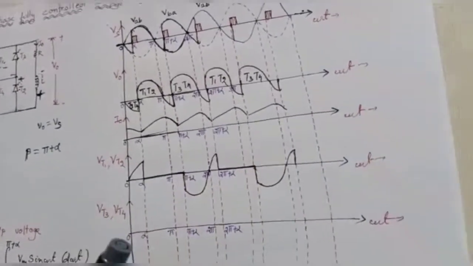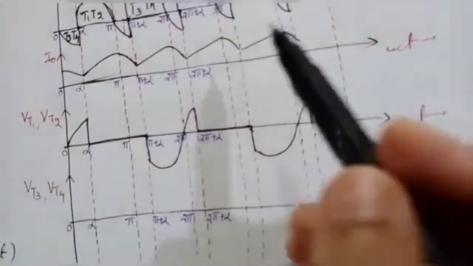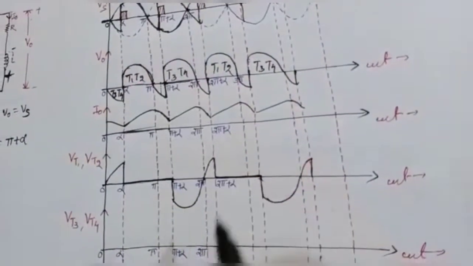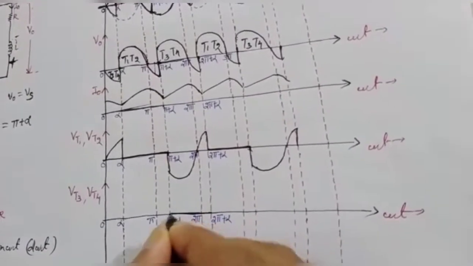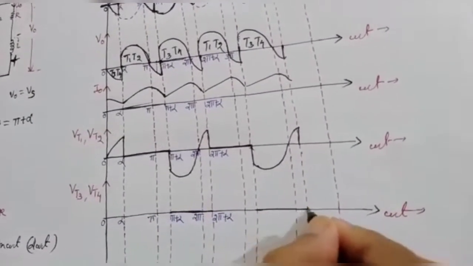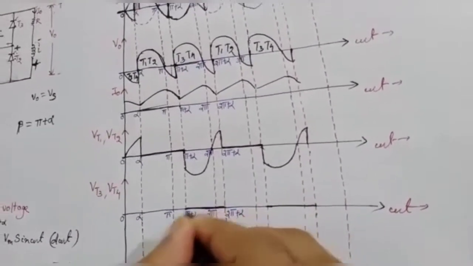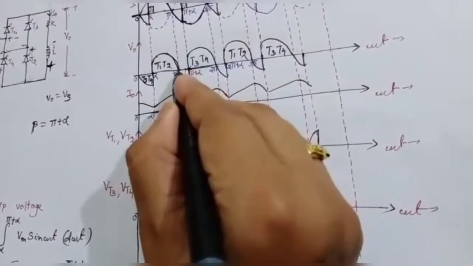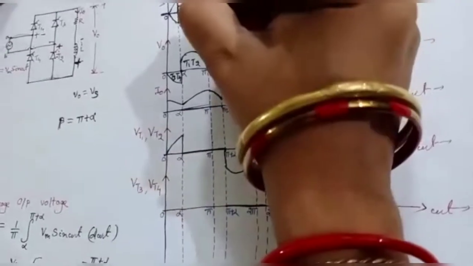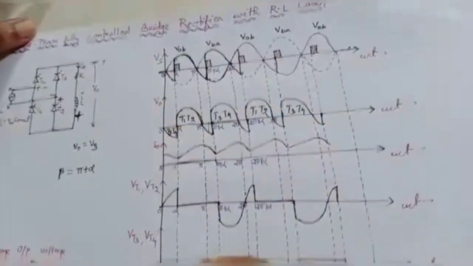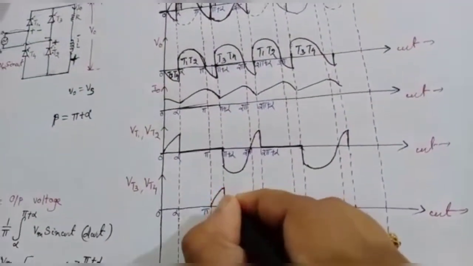Then VT3 and VT4. So when T3 and T4 is conducting, voltage must be 0. T3 and T4 is conducting means its voltage is 0. When it is not conducting, means before this pi to pi plus alpha, it is in forward blocking state. So one positive voltage will appear across the device like this.